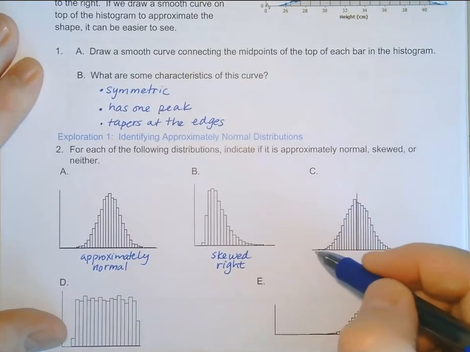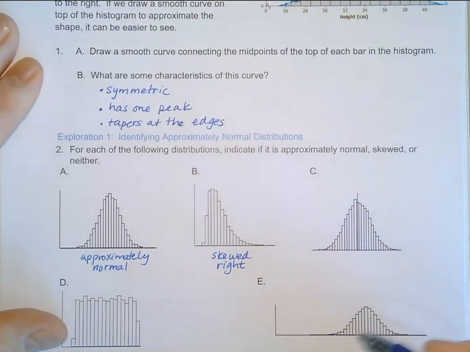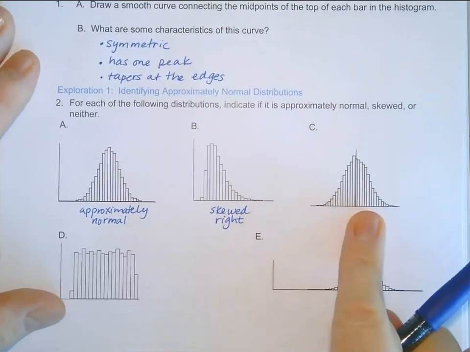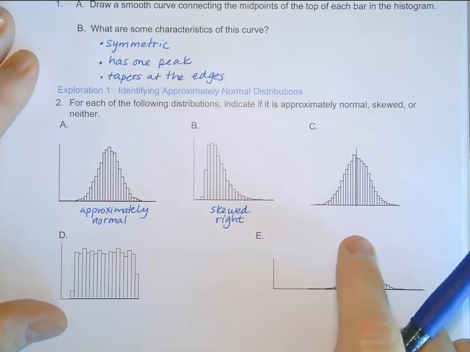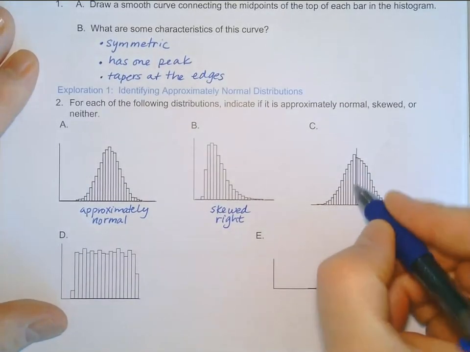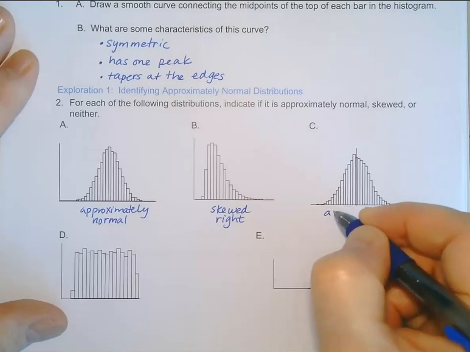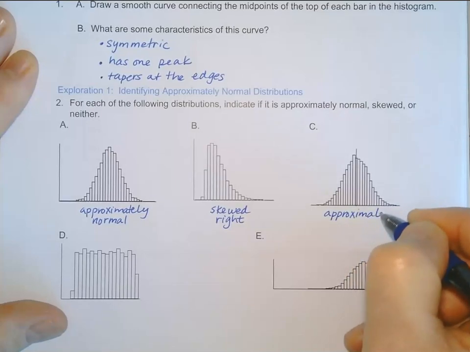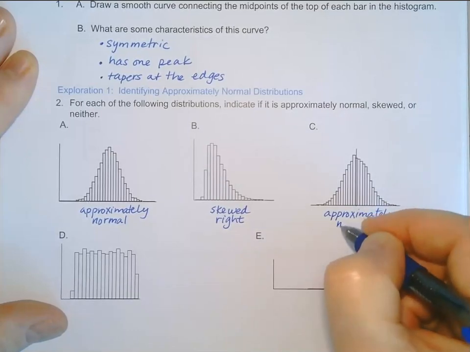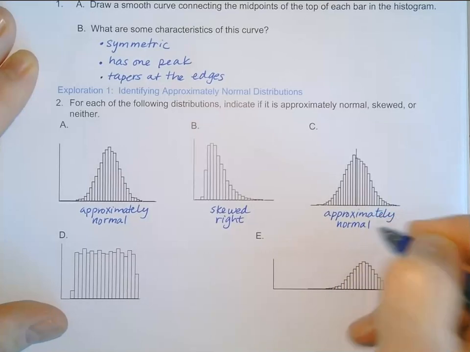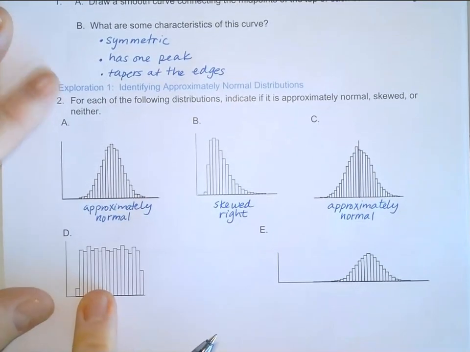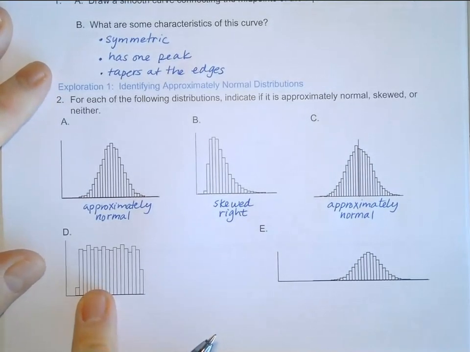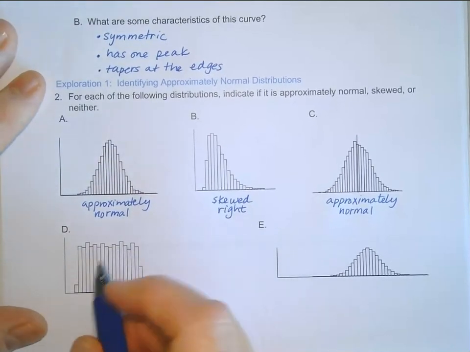How about C? What does this one look like? Goes up, comes back down. What would you guys say for that one? Looks approximately normal. How about D? Yeah, it doesn't look like it's either skewed or approximately normal.